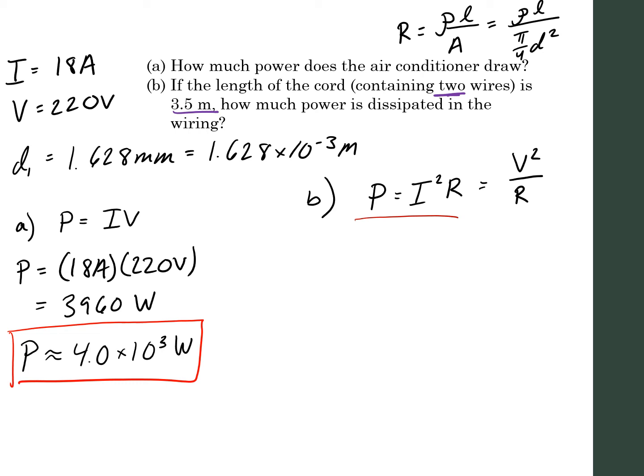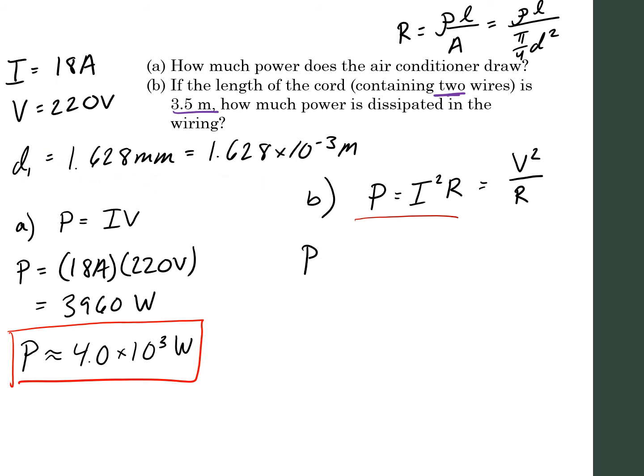I would like to show you how to go through and use it with the diameter. Again, if you want to use pi r squared here, you're welcome to do that. You just need to make sure that you use the radius and not the diameter that is given.